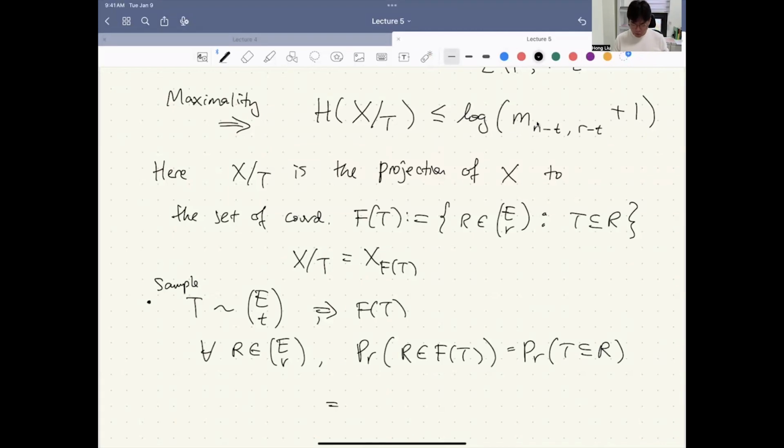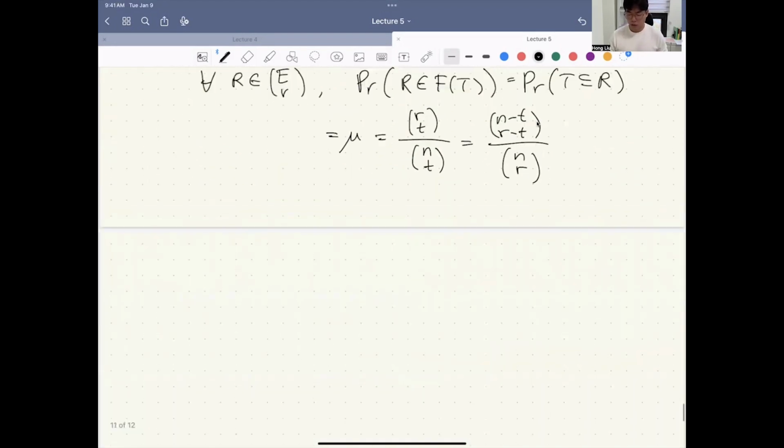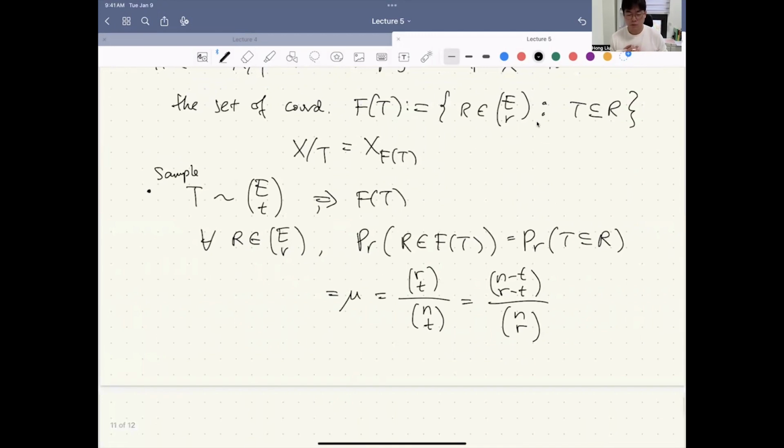We let this be mu in our application of Schur's lemma. Well, an R-set contains this many T-sets. So we have this many T-sets that are good if we hit them, and the total number of T-sets is n choose t. This is the probability. If you rewrite it, you get this. I'm going to rewrite it in this form. Okay. So far, so good.